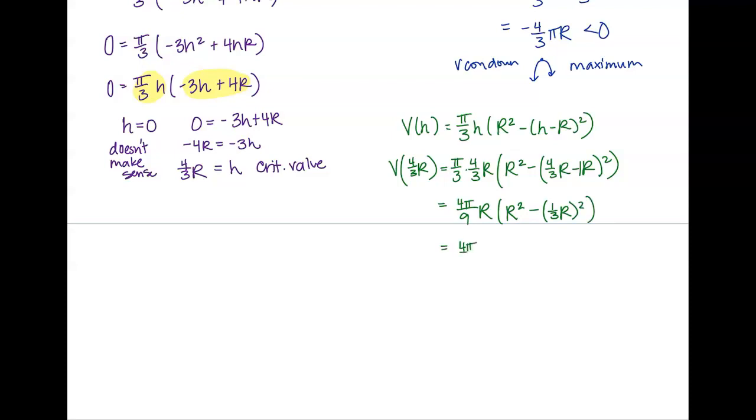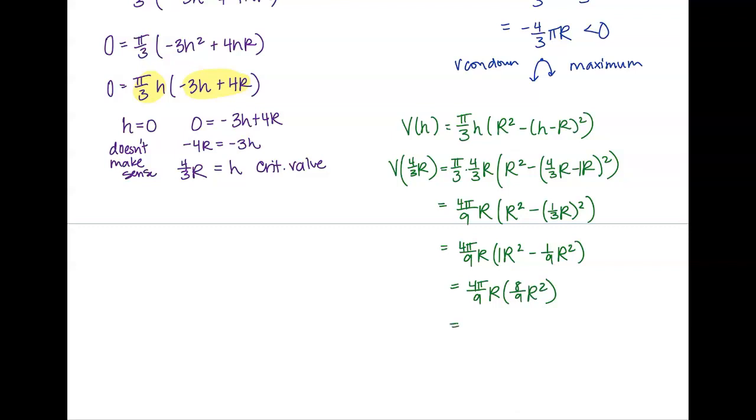And we get 4 pi over 9R, quantity R squared, minus 1/9 R squared. So 1/3 squared is 1/9. Let's see, this is 1 R squared minus 1/9 R squared. That's 8/9. So 4 pi over 9R times the quantity 8/9 R squared.